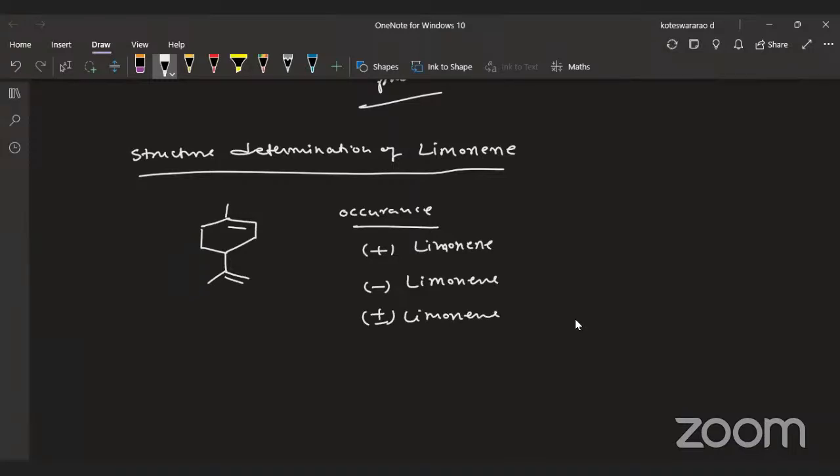This plus limonene is isolated from lemongrass and orange oil. Next, minus limonene is isolated from peppermint oil. Next, the racemic mixture of limonene is isolated from turpentine oil.